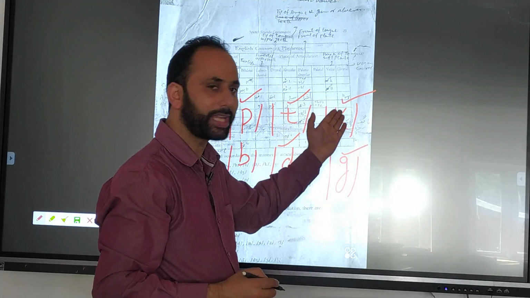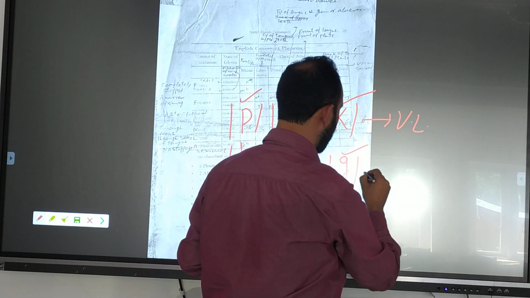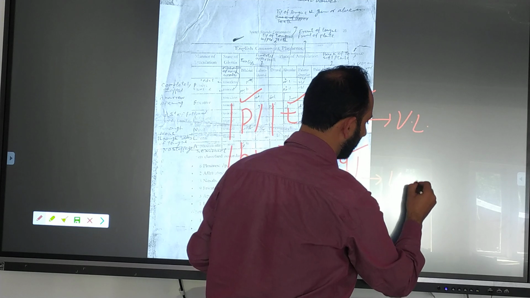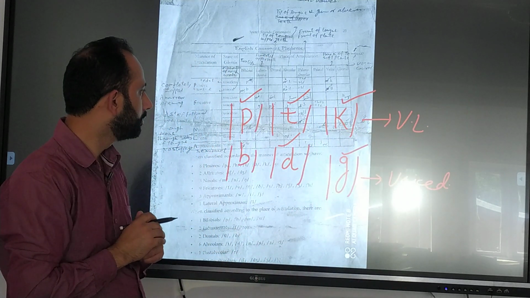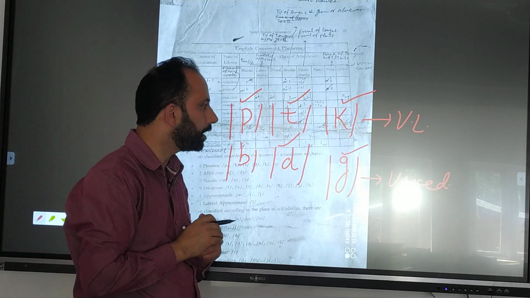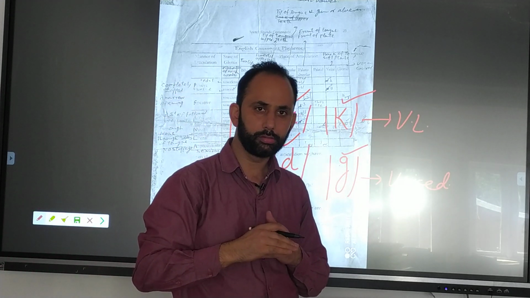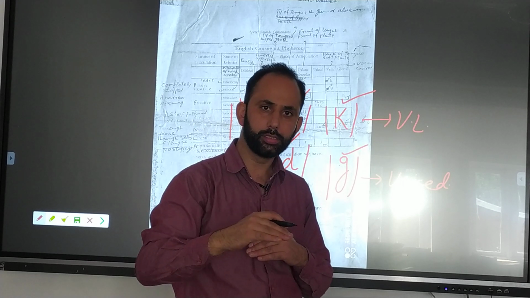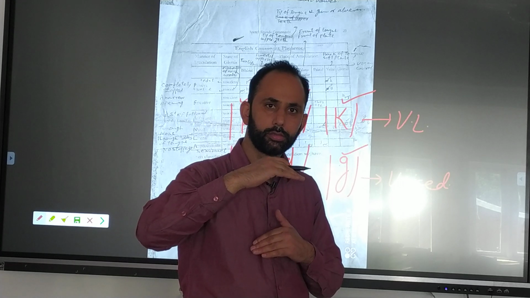And ko and go: ko is once again voiceless. These are voiceless and these are all voiced. As I told you, ko is voiceless. Go, cat, can, go, goat, it has more duration.